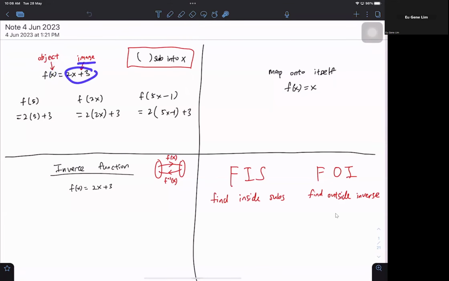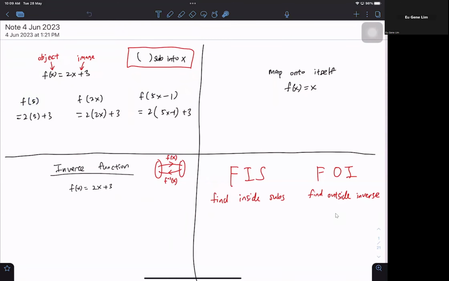And then how to do a function? Remember, always take the bracket and sub into x. Example, let's say the question is f(5).